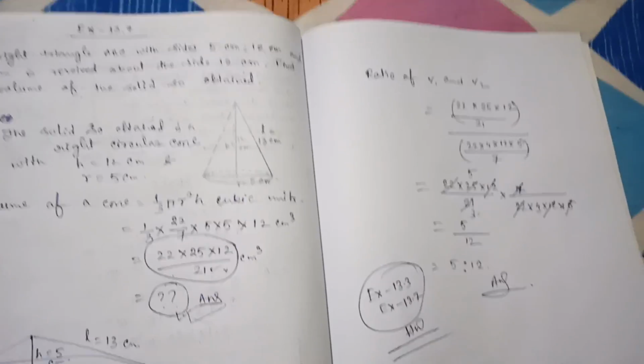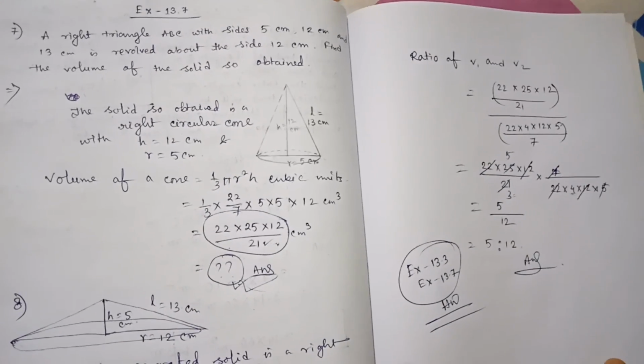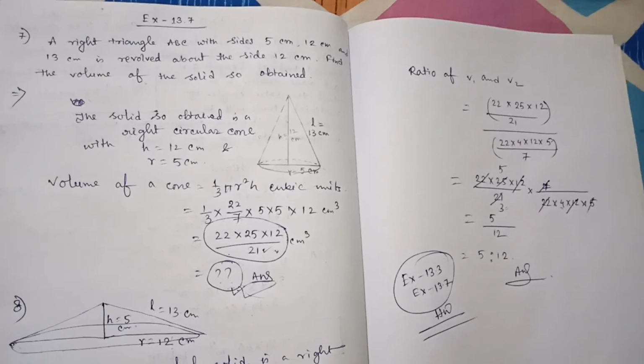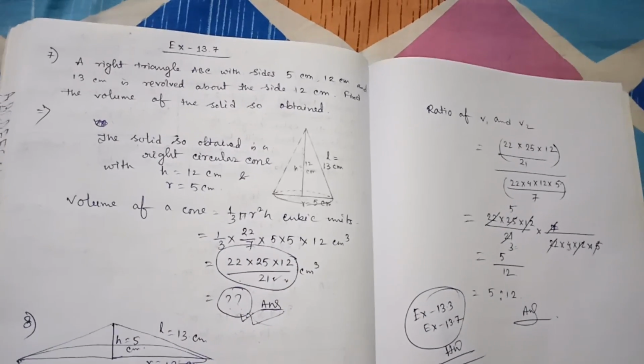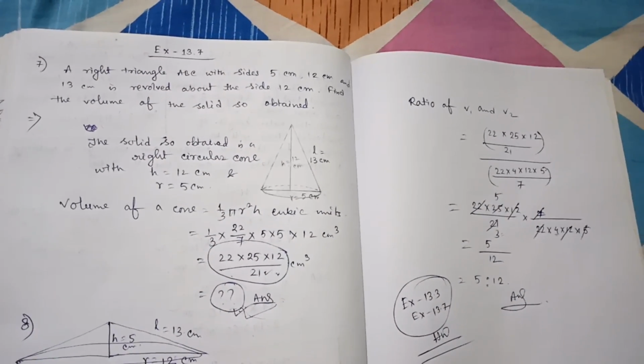The rest of the questions are very, very easy, and some are direct questions. So I know that you all can do it. Just you need to copy this, and keep this copy with you while doing homework.